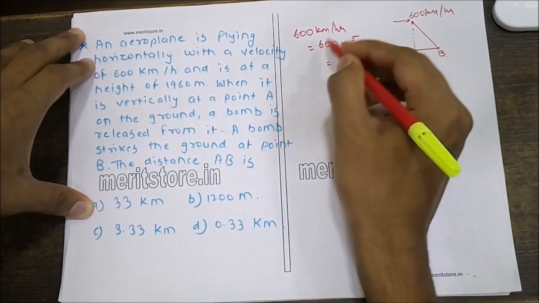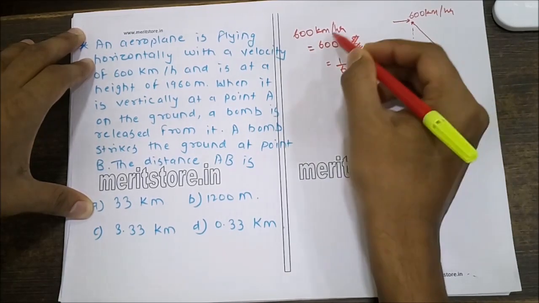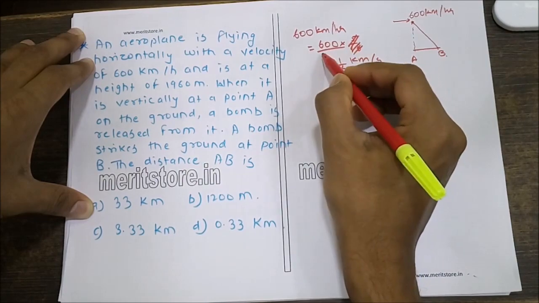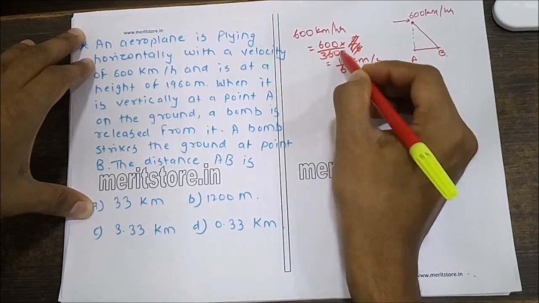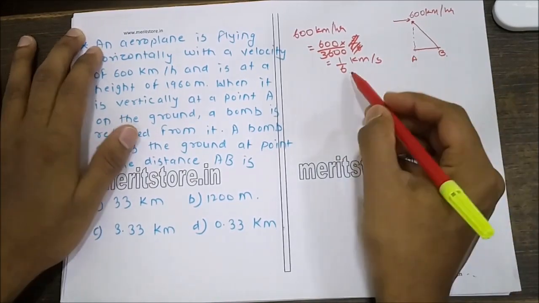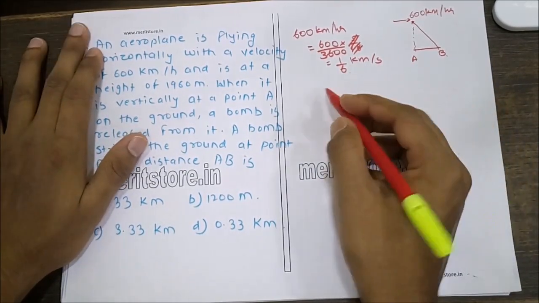Let us make it into kilometers per second, so it will be divided by 3600.